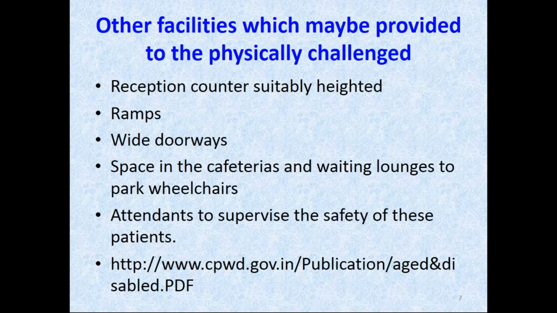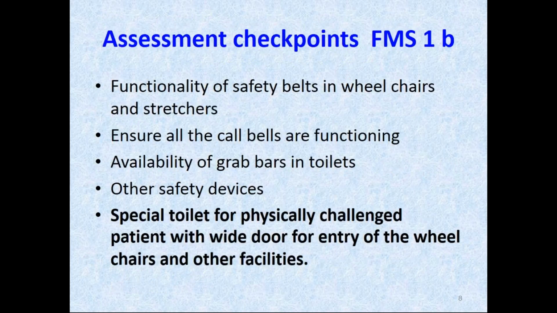In addition, we should also look at the intent of the hospital to provide a comfortable and safe atmosphere to this particular group of patients. Assessment checkpoints, again, besides looking at the different safety devices which we used to look into, we would also look, as I said, for a special toilet for physically challenged patients with a wide door, and where entry of the wheelchairs and other facilities can be made very easily.